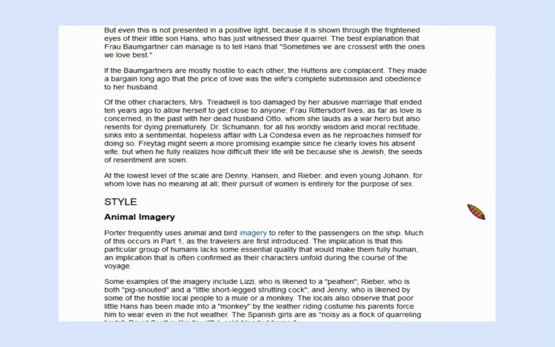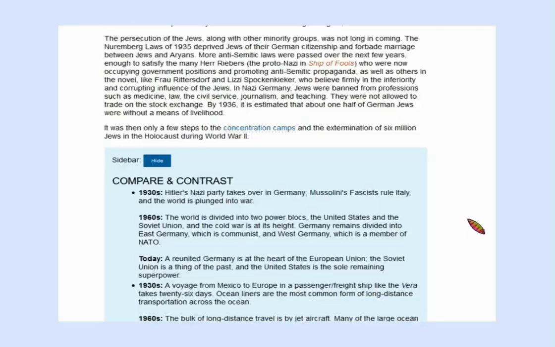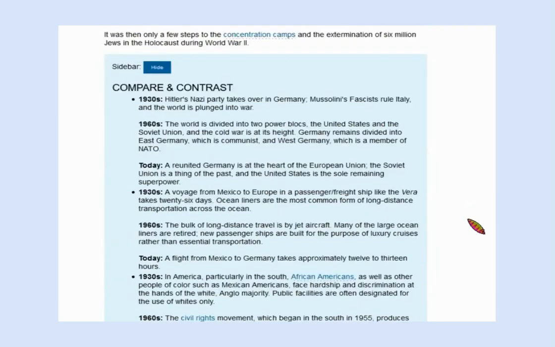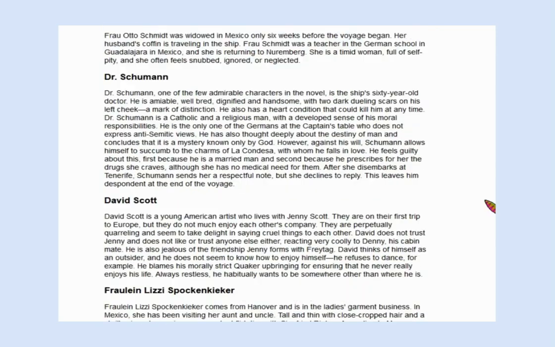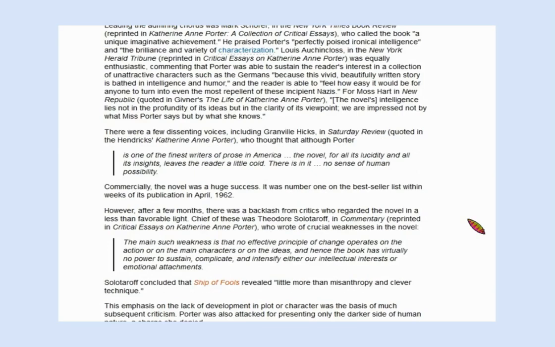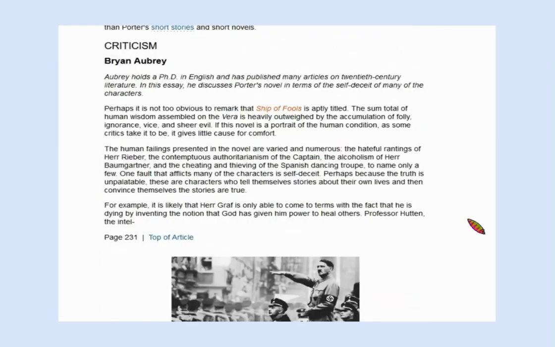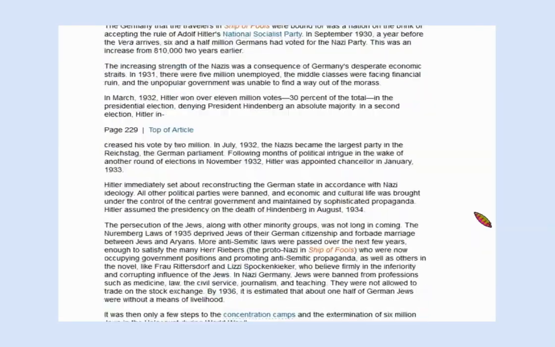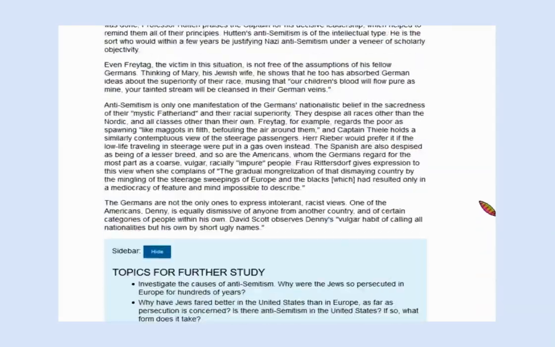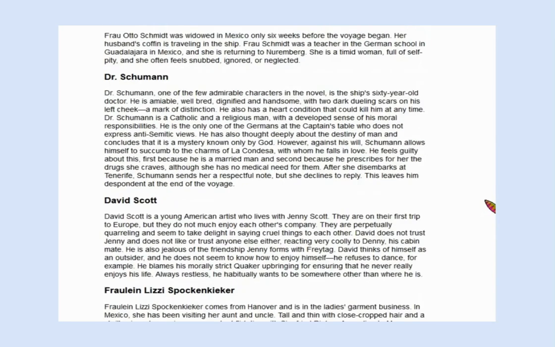And then we have some notes on style, and if you get down further, there is even some criticism, which is nice, because this can be your first article. Always read some of this, try before you buy, and remember, don't substitute this for reading the book.